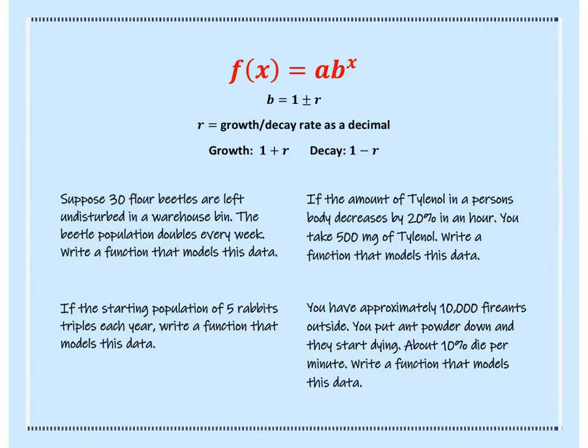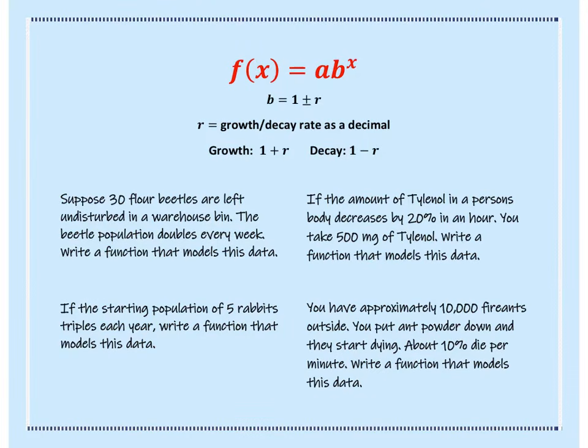Okay, so we're going to talk about how to write equations. So we have a times b raised to the x. And we know that a is our starting value, and b is either our rate of growth or decay. Now, sometimes it tells us what number to put in there. If it says doubles or triples, we know what number that is. But sometimes it gives us a percent.